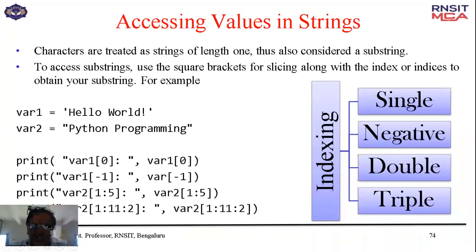The first one is single index, in the sense that we write an index number here. Next, negative index. You can also give a negative index, and we'll discuss what happens with it. We also give a double index, where you give the index two times separated by a colon.